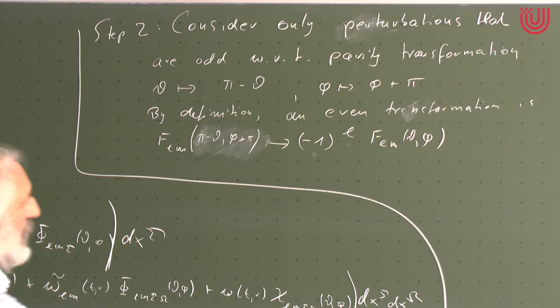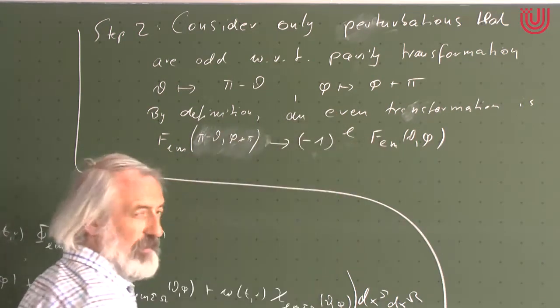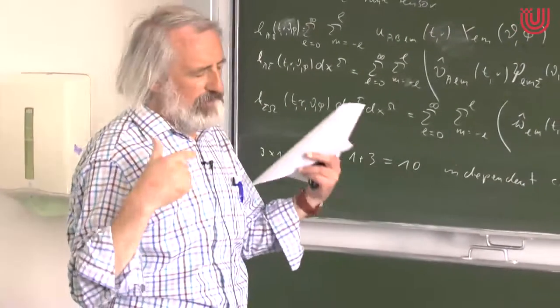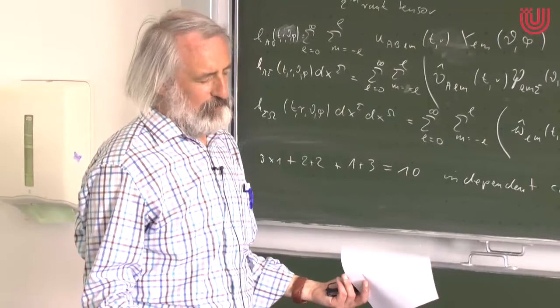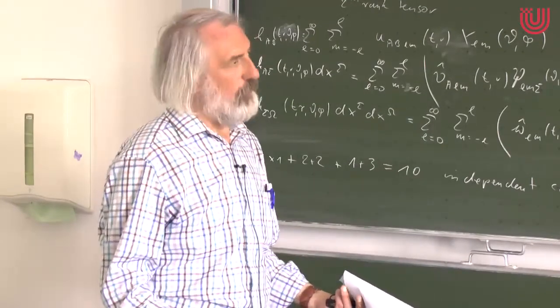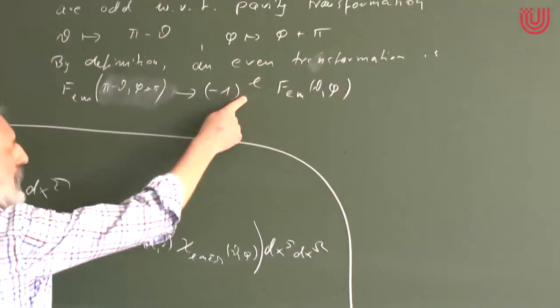If L is even, then this is just the 1. This means if L is even, then this thing is invariant under parity transformation. Yeah? So transforming even with respect to parity transformations means being unchanged if my index L is even.